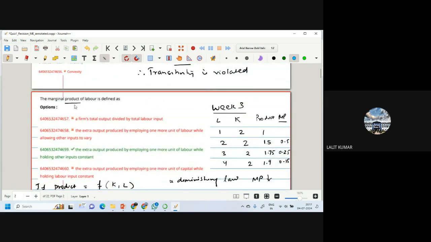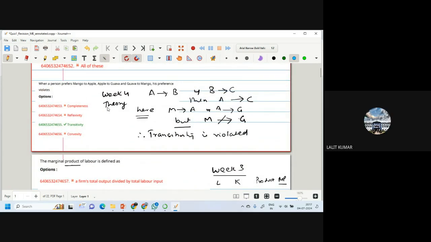What is a marginal? Am I audible? Yes, you're audible. Sir, can you tell about reflexivity in brief? Sorry, I'm really not clear. Okay, that's fine. I think in maths we have set functions, like functions are transitive, reflexive, and all.